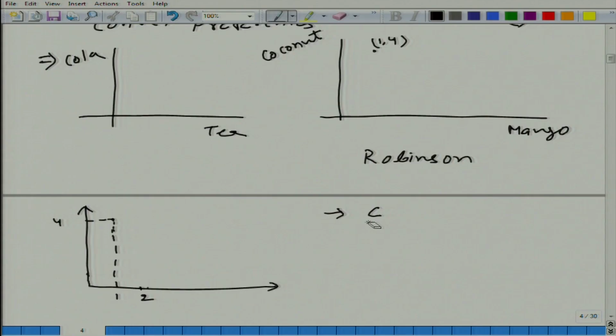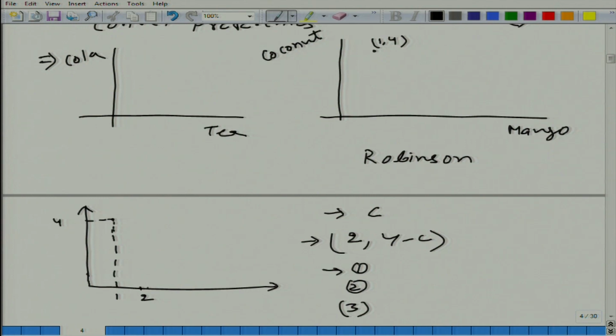If he participates in this transaction, then he will ultimately have 4 minus C amount of coconut and 2 units of mangoes. So the bundle is 2 comma 4 minus C.